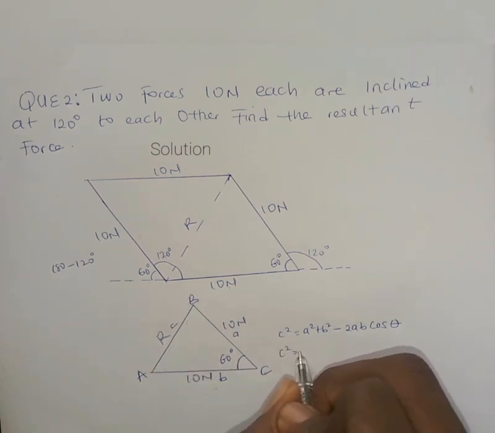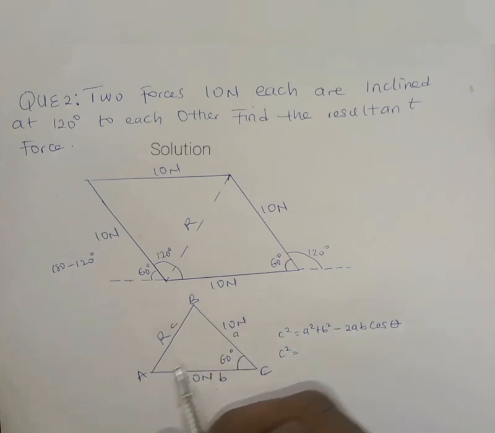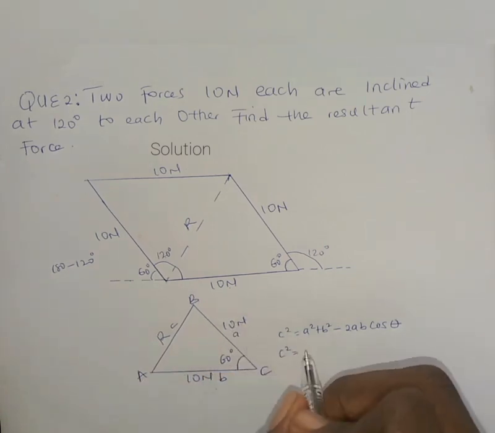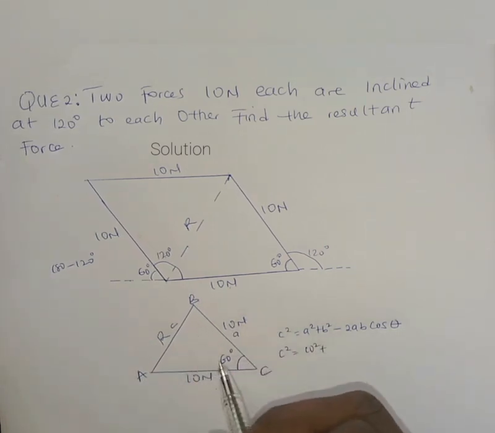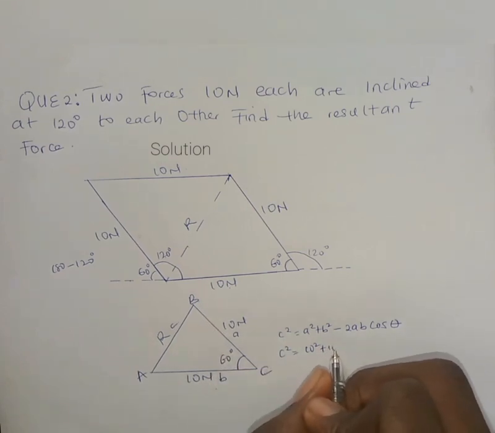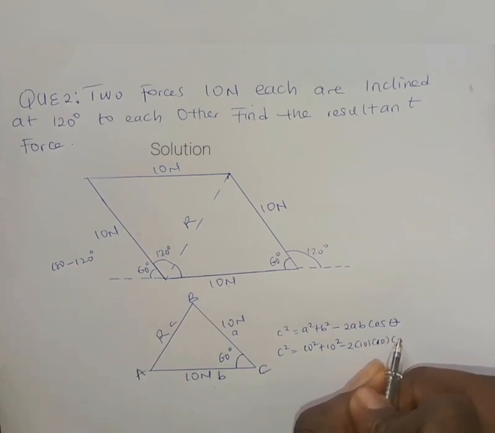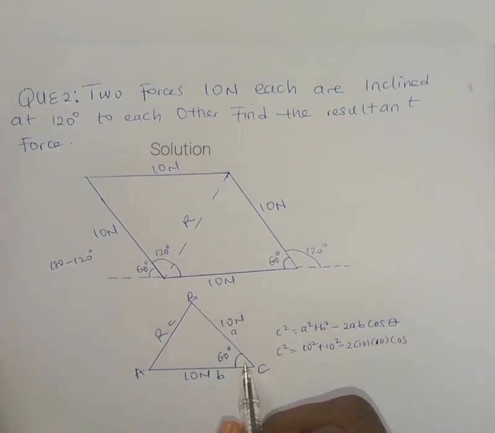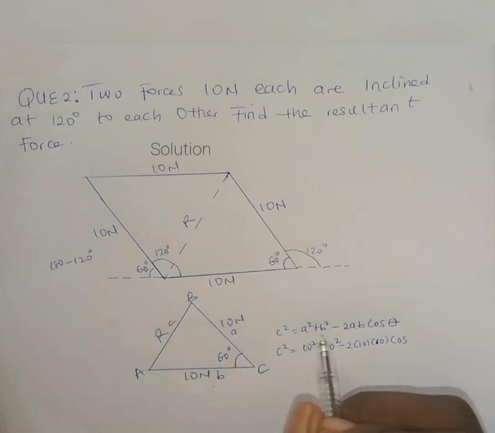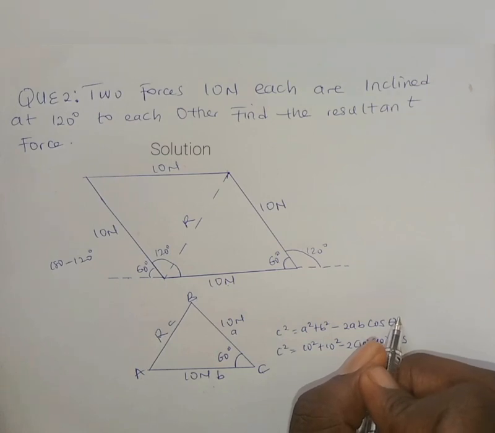So c squared equals, now the side facing capital A is small a, so a squared is 10 squared, plus b squared is 10 squared, minus 2ab cos. Now the angle theta is 60 degrees. Sorry, this place has to be c.